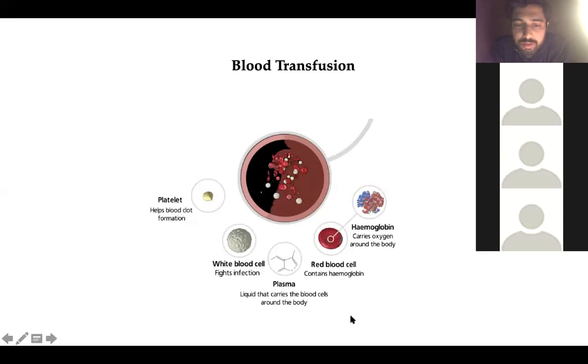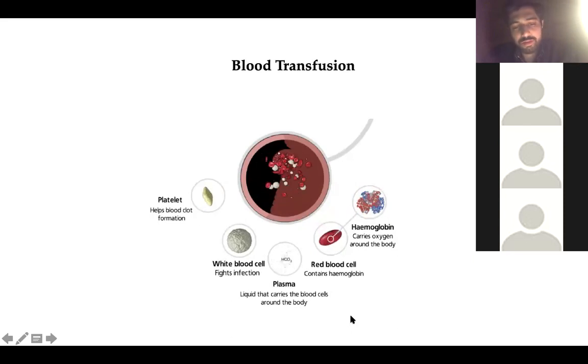Red blood cells are in abundance in your blood, and they're the oxygen carriers. Next up, we have plasma. Essentially, the thing that makes your blood a liquid medium, carrying the flow of everything, that is plasma. It's the liquid that carries all of the cells and everything within the blood. So that itself is plasma.